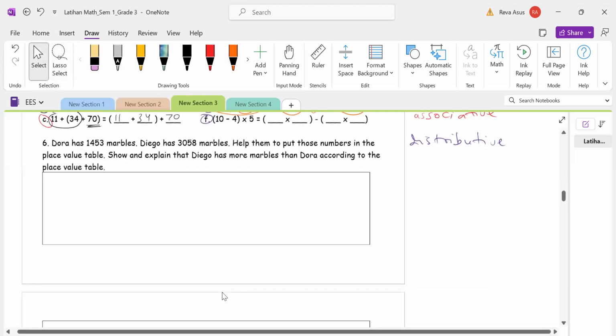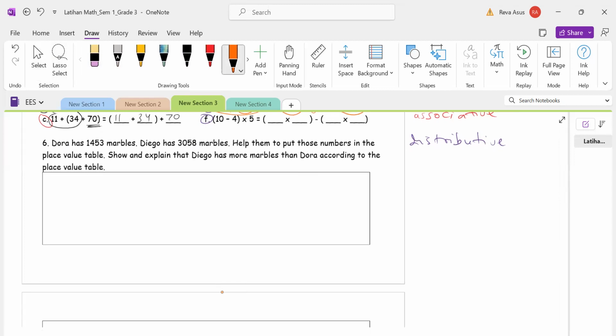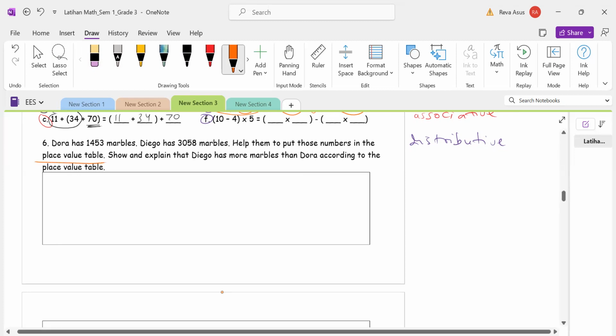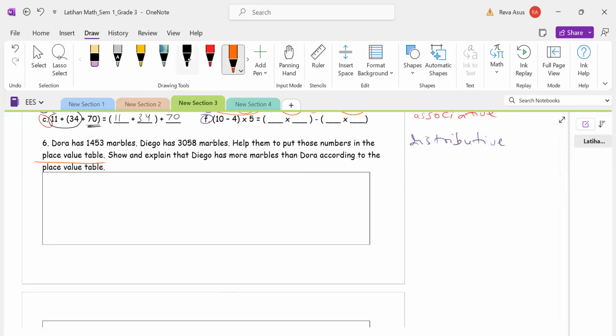And then number 6, Dora has 1,453 marbles. Diego has 3,058 marbles. Help them to put those numbers in the place value table. So we need to draw the place value table. Let's do from the thousands, and then hundreds, and then tens, and then ones.